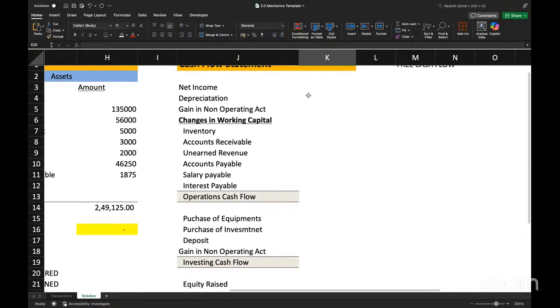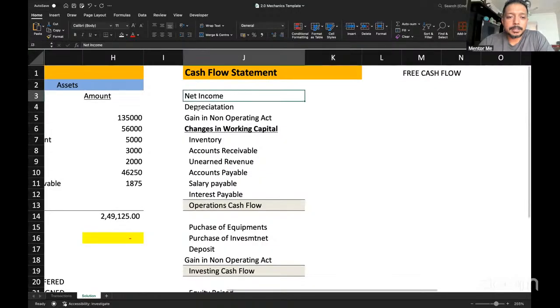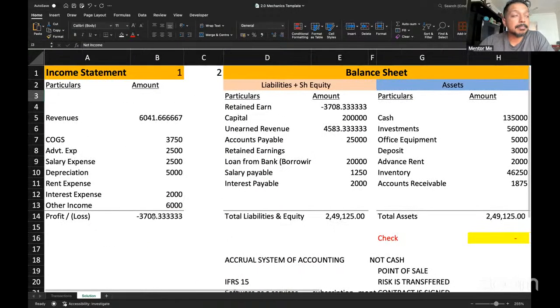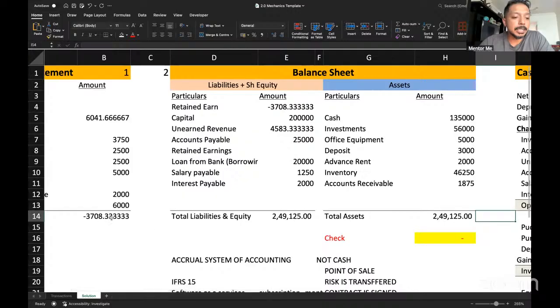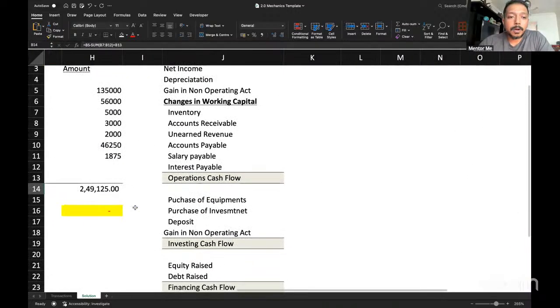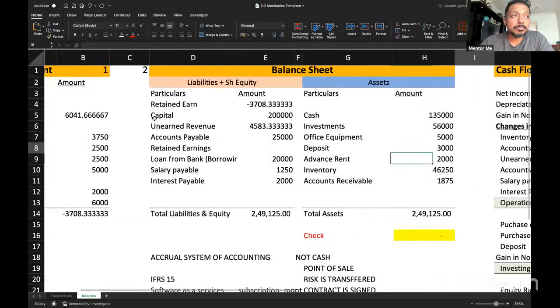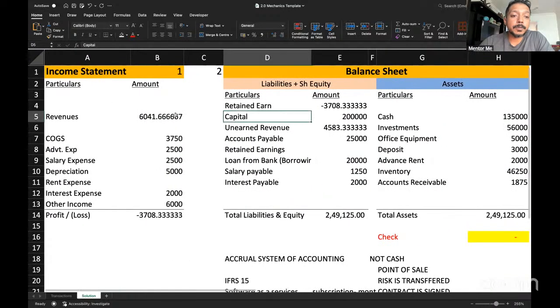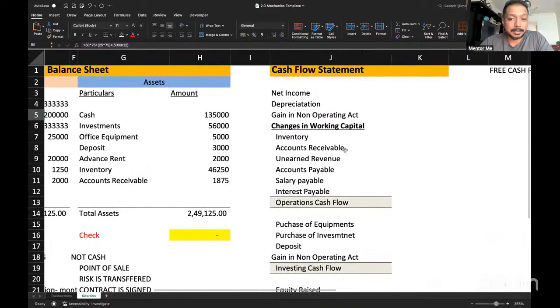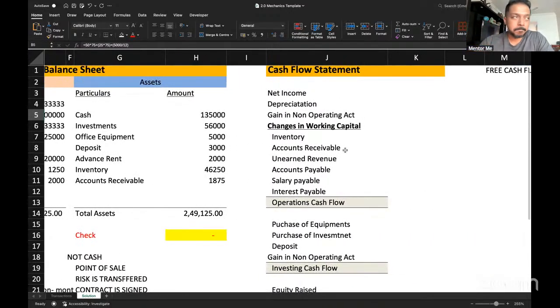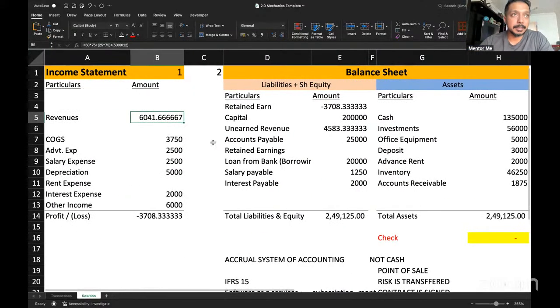So, since we are starting with net income, remember, we're not starting with revenue. If we had started with revenue, we would call the cash flow calculation the direct method. Usually we never use the direct method because it is very tedious.